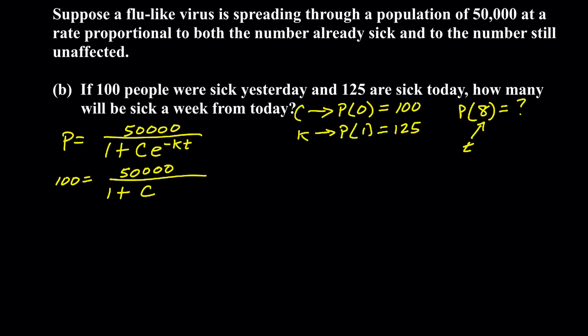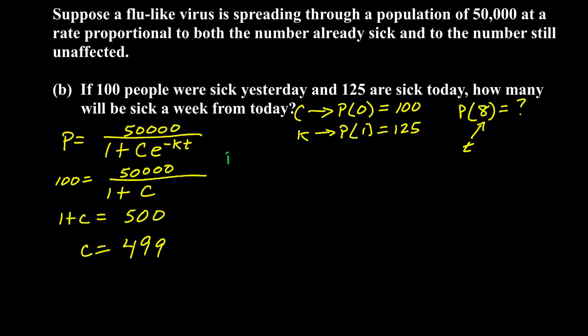Again, our exponent goes away because it's e to the 0, which is 1. You end up with 1 plus c is equal to 500. Or in other words, c is equal to 499.